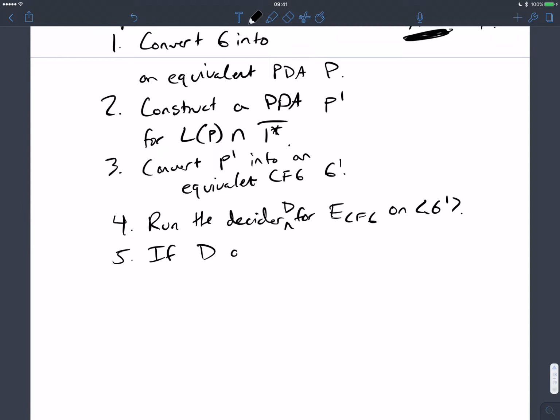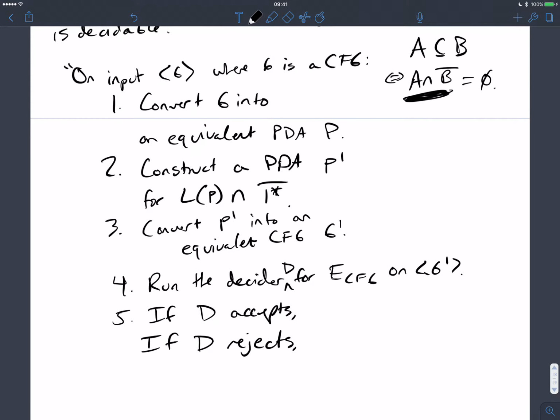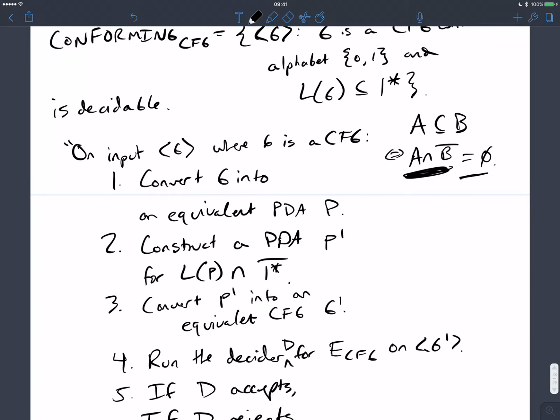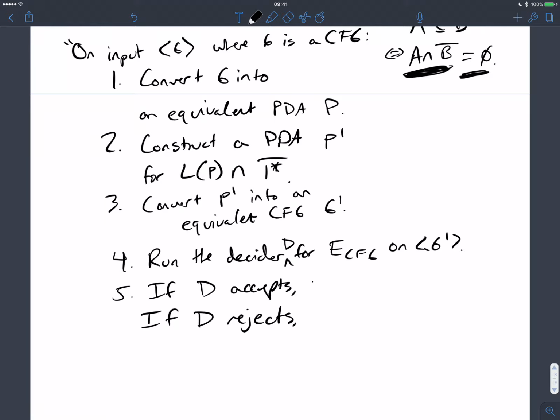If D accepts versus if D rejects. If D accepts and says, yeah, G prime's language is empty, we should accept because we just determined this condition that it's empty, but that means it's a subset. So then just accept. And for rejects, it's pretty obvious we'll reject here.